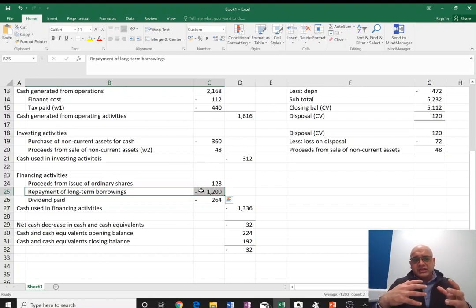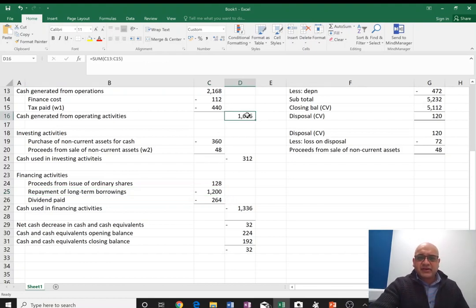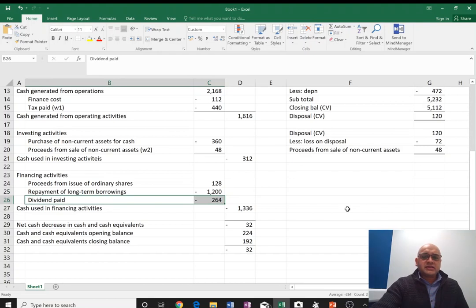They're trying to reduce the debt, because it will end up eating up our profit through the interest. So they're using money from the pocket, the cash generated from operations, to pay off the loans, which is great. And they have also paid some dividends, so they're keeping their shareholders happy.